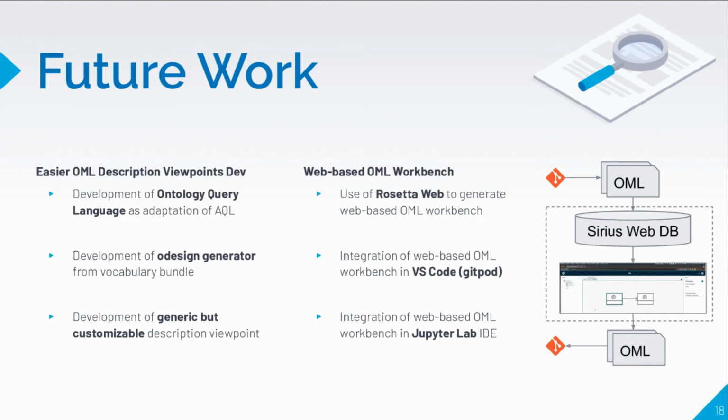Currently, we use the Sirius facilities, AQL, but we want to maybe enhance it or adapt it to identify the types defined by the vocabularies as types that can offer validation support. We want to see if we can make it even easier to generate these O-design models by annotating vocabularies. And we want to have a base viewpoint that can be used as is out of the box, but have it customizable.